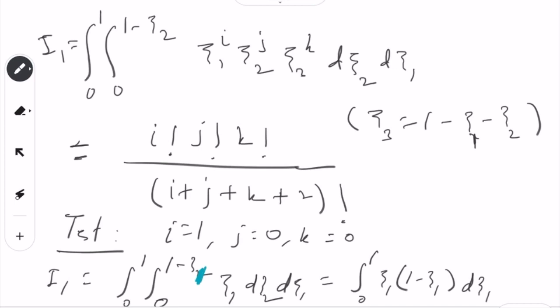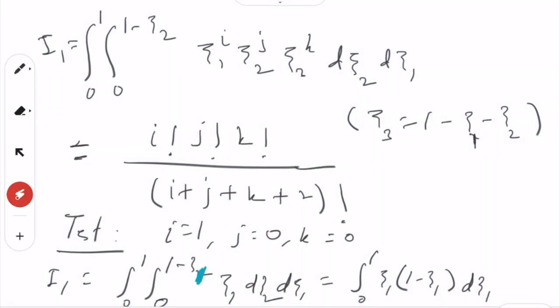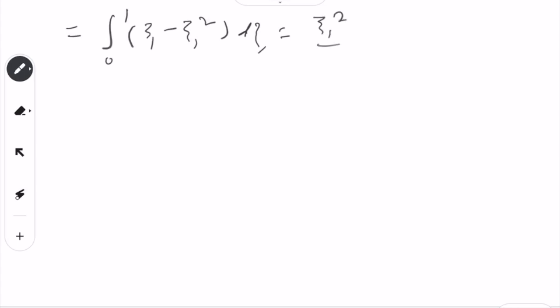So this will be equal to the integral from 0 to 1 of xi1 minus xi1 square d xi1, which is equal to xi1 square over 2 minus xi1 cube over 3, from 0 to 1.